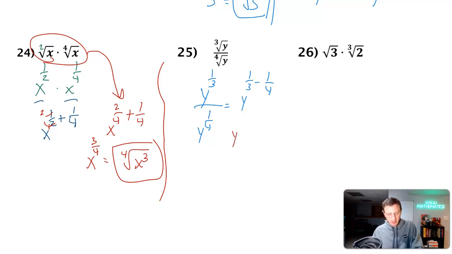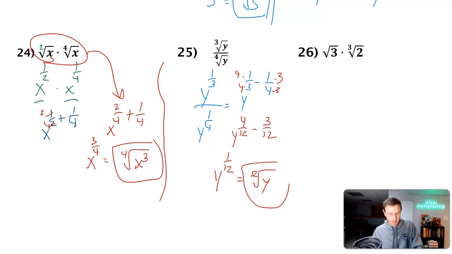So this is going to become times 4 times 3. So 4 over 12 minus 3 over 12. 4 minus 3 is 1. 1 over 12. So this is going to be the 12th root of y. Weird answer there. The 12th root of y.